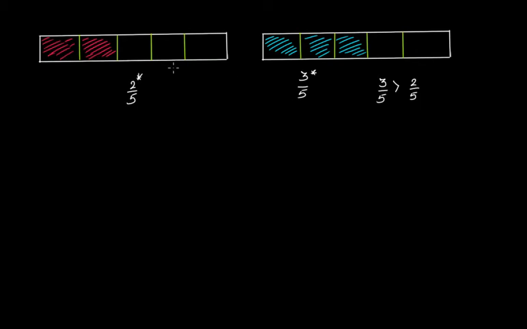Now, we are talking about a small fraction. What about if this was, let's say, 99 by 180, and this is 170 divided by 180.